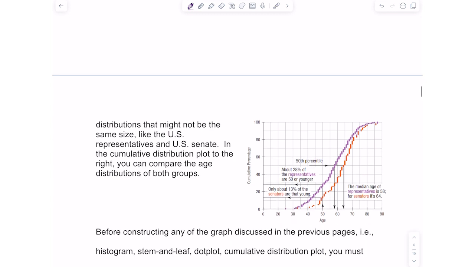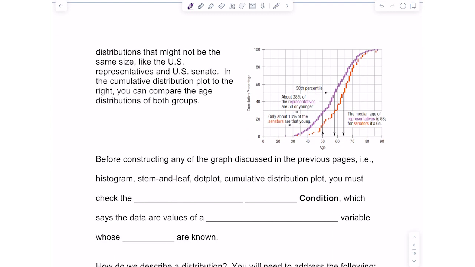The graph also allows us to compare distributions that might not be the same size. So that's one of its other advantages. Like if I wanted to look at the US representatives and the US Senate, I could create a cumulative distribution plot to look at that, where you can compare the age distributions of both groups.